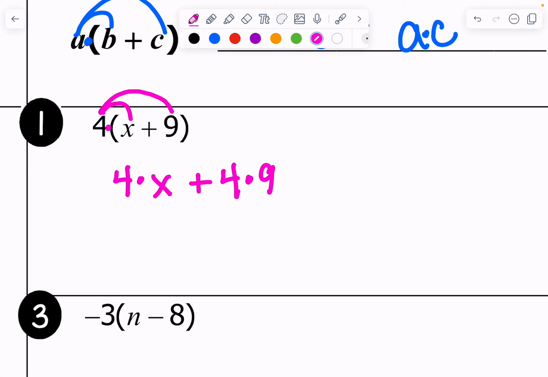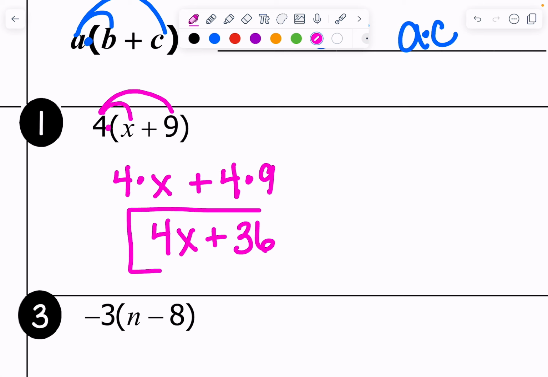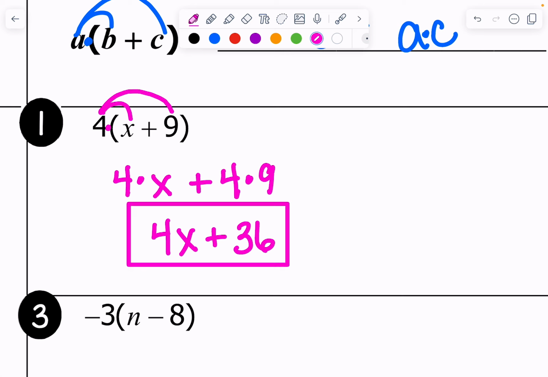Now, 4 times x, we are just going to write as 4x. But we can rewrite that 4 times 9 as 36. So 4x plus 36 is what we're going for here.